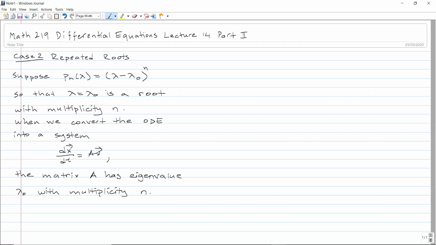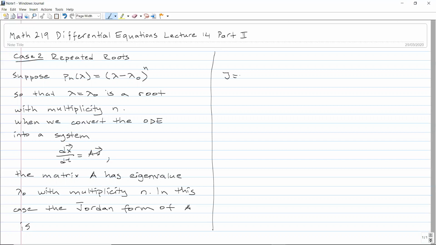Remember, in this case, the Jordan form of the matrix A is, what is the Jordan form?